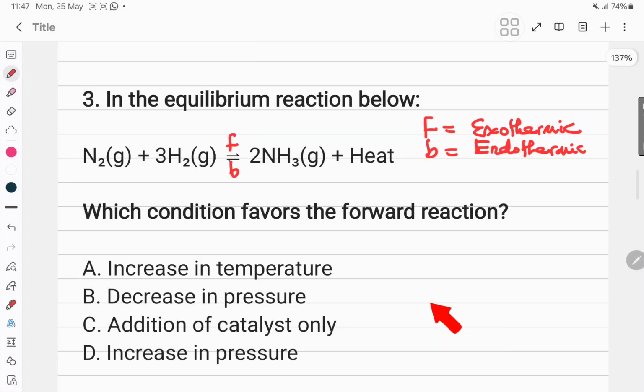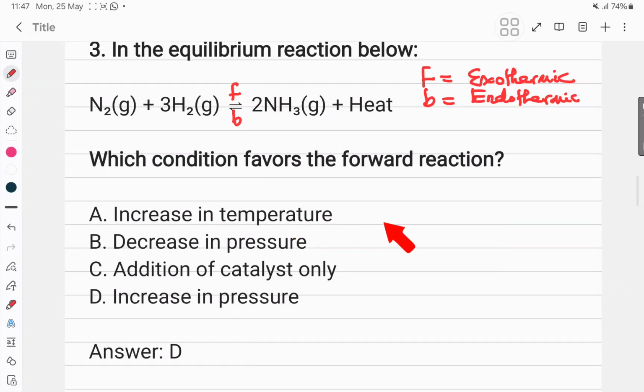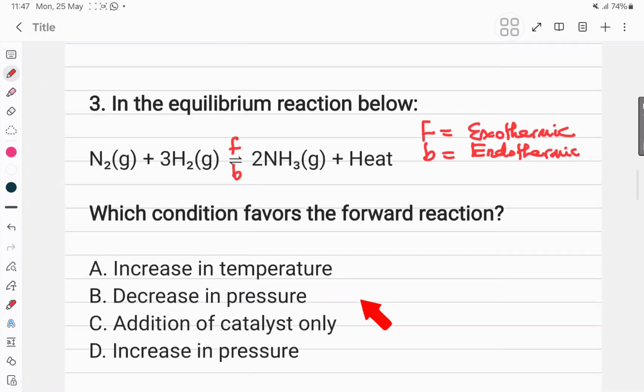Now, which condition favors the forward reaction among these conditions? If you want to consider the effect of temperature change, generally, when we increase the temperature of an equilibrium reaction, the endothermic reaction will be favored. But when we lower the temperature, the exothermic reaction will be favored.